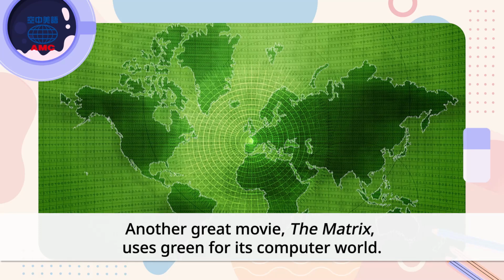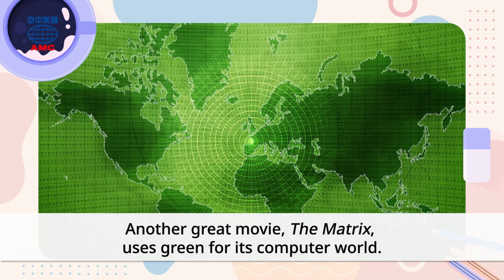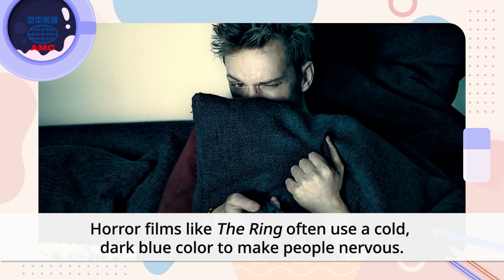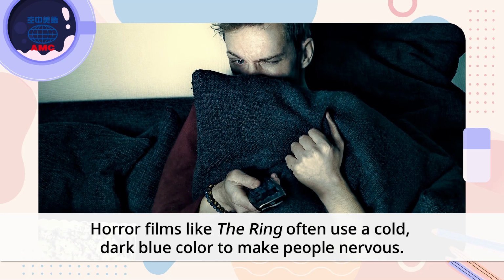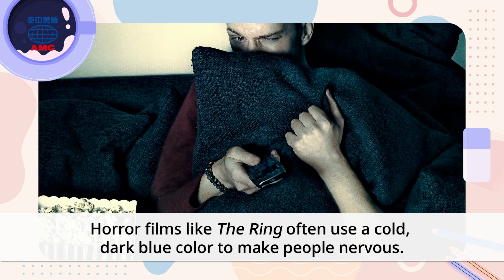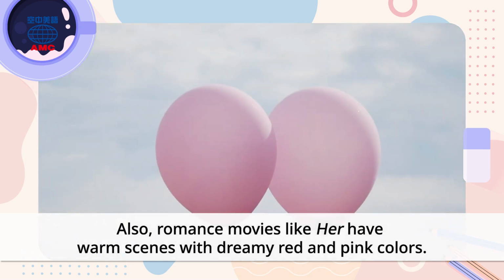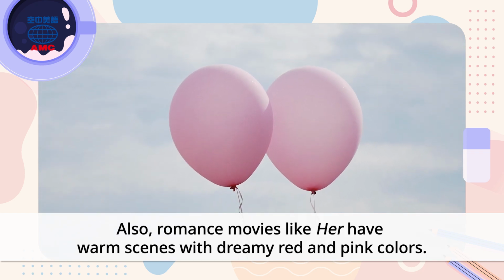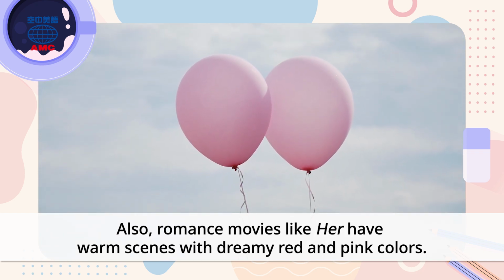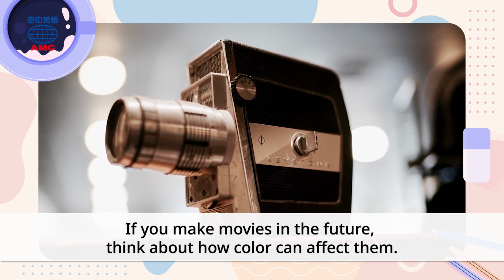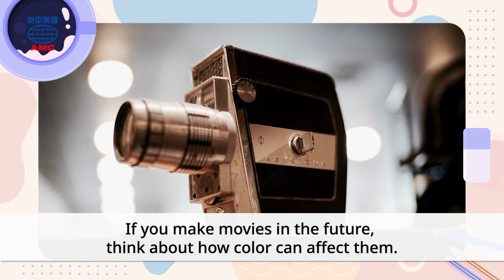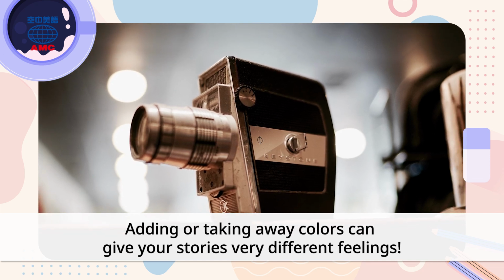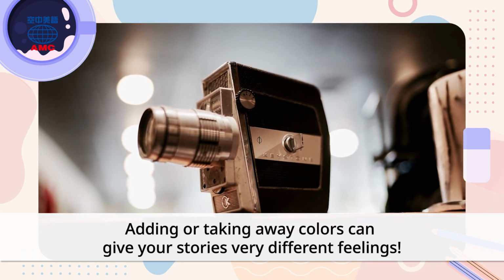Another great movie, The Matrix, uses green for its computer world. Horror films like The Ring often use a cold, dark blue color to make people nervous. Also, romance movies like Her have warm scenes with dreamy red and pink colors. If you make movies in the future, think about how color can affect them. Adding or taking away colors can give your stories very different feelings.